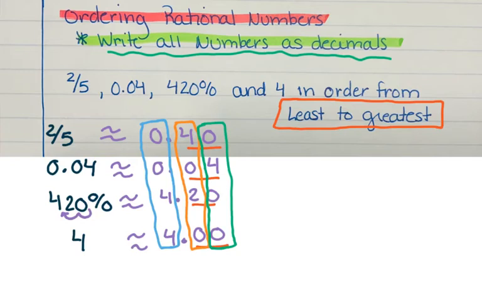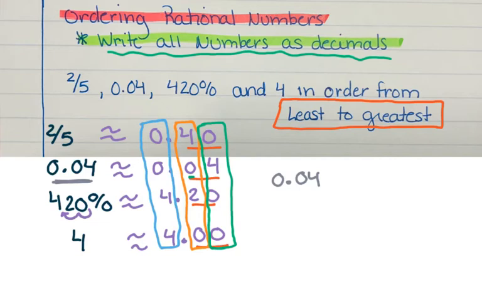That's going to be smaller than the 4 in the tens place. So my smallest number is going to be 0 and 400ths. And we always write the original. So the original was 0 and 400ths.